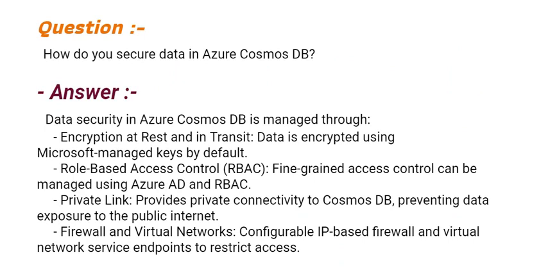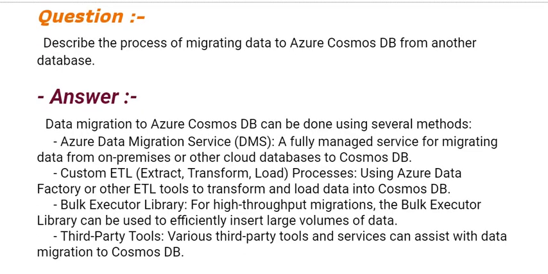Role-based access control (RBAC): fine-grained access control can be managed using Azure AD and RBAC. Private Link provides private connectivity to Cosmos DB, preventing data exposure to the public internet. The next one is firewall and virtual networks. Configurable IP-based firewall and virtual network service endpoints to restrict access.